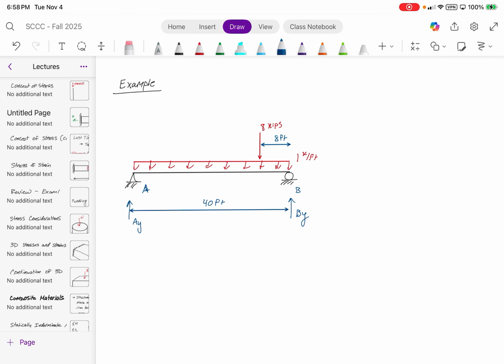Just BY 40, right? Yeah, BY would just be 40. So would this be positive or negative? Well, your reaction is wrong because you're forgetting the negative sign here. This is also causing a negative rotation down there. So this whole thing is negative, right? That should be negative, yeah. So your reaction is wrong.